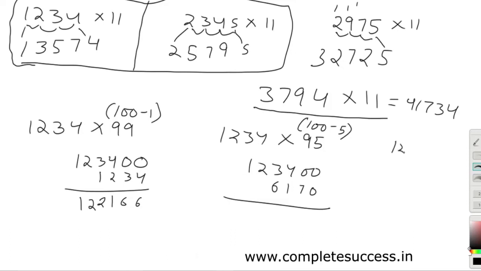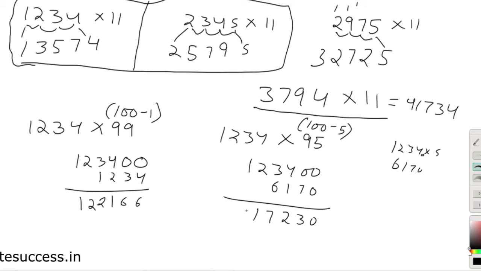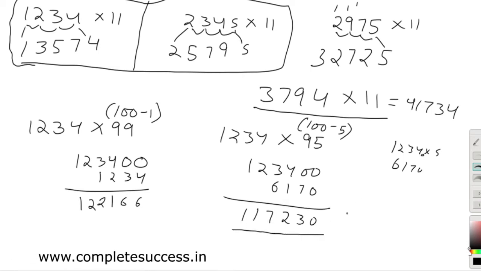To multiply 1234 with 5, we add a single zero, and then half of 12,000 is 6,000, and half of 340 is 170. Is it clear? So this becomes 117230.